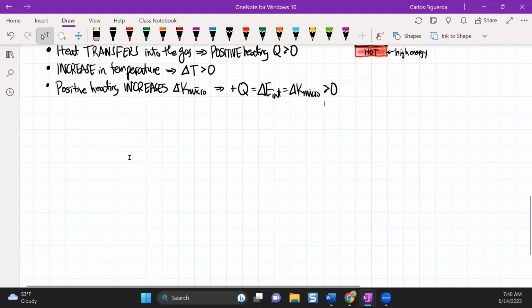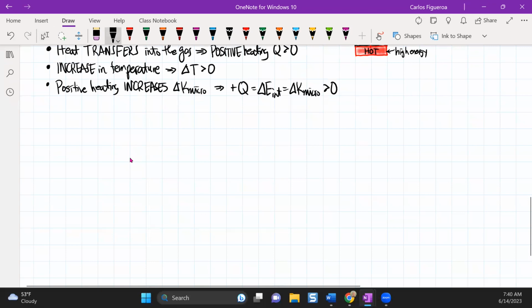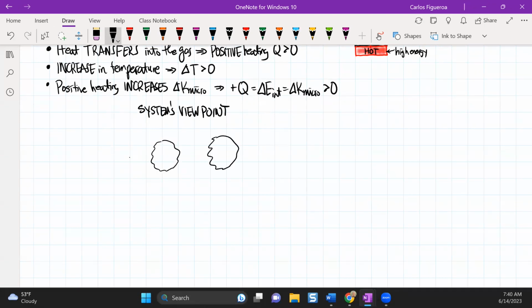So how do I look at this in terms of pictures? Well, I have a systems viewpoint. Here's my gas. In the initial state, the gas molecules had a low average velocity. After the interaction, they end up having a higher average velocity.